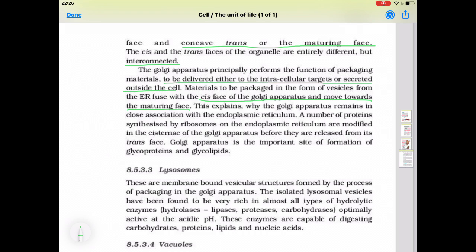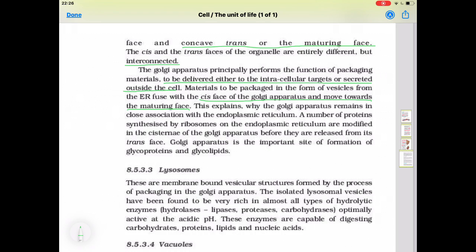This explains why the Golgi apparatus remains in close association with the endoplasmic reticulum, because the material coming from the endoplasmic reticulum comes to the cis face of the Golgi body, then moves towards the maturing face or the trans face, and then the vesicle moves out.